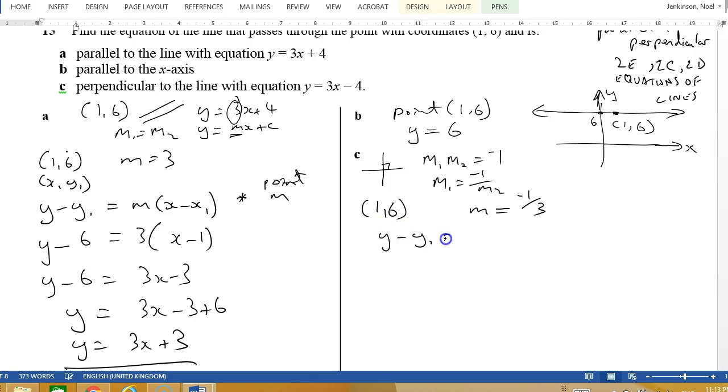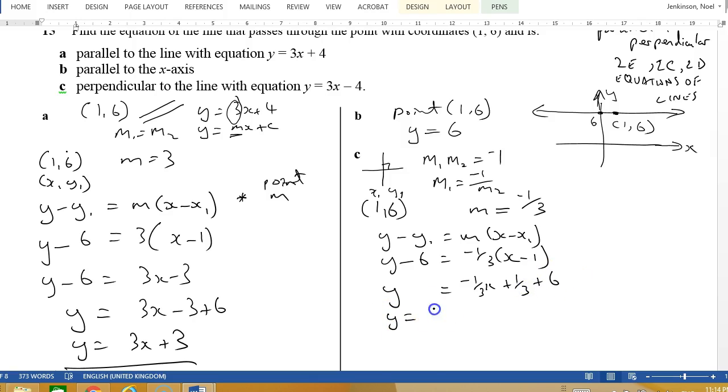And we sub them into the formula. y minus y1 equals m times (x minus x1), because we've got point (x1, y1) and gradient m. So y minus 6 equals negative a third times (x minus 1). y equals negative a third x plus a third, minus a third times minus 1, plus 6. y equals negative x on 3 plus 6 and a third.